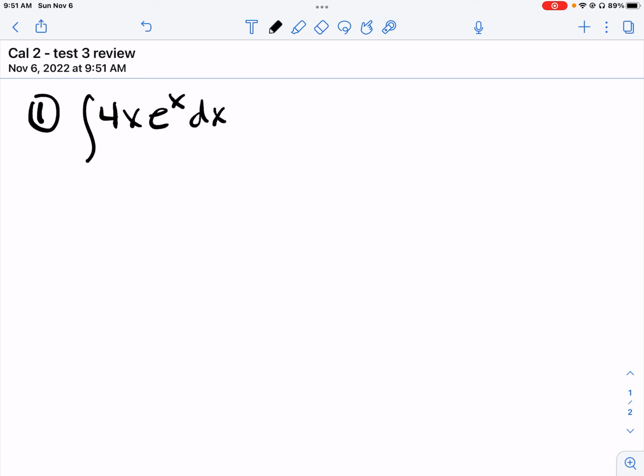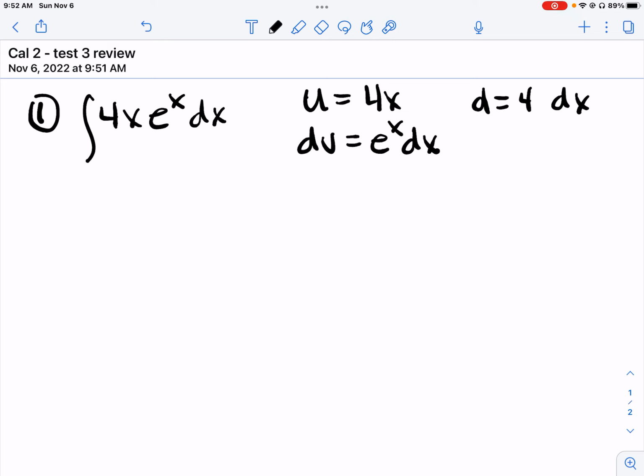Okay, since we have x and that's not part of the derivative of the exponent, we're going to use integration by parts. u is the thing that gets easier. dv is the rest. Now, take the derivative to get du. I should say du.